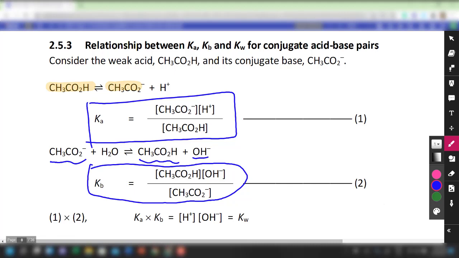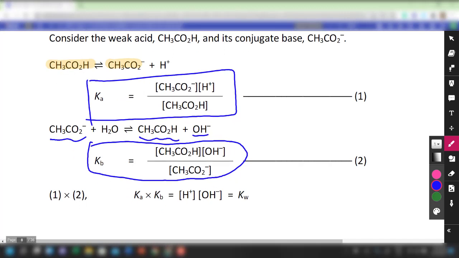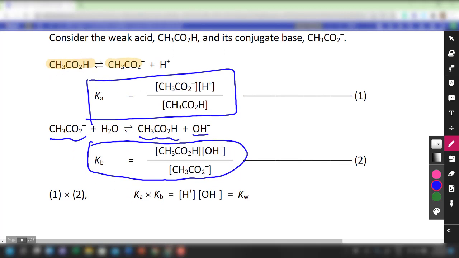So what we're going to do here is attempt to combine the two equations. We are multiplying Ka and Kb together, and you notice that when you multiply the two together, the numerator here, which is the ethanoate, will cancel out the denominator here, and the denominator, which is ethanoic acid, will cancel out the numerator for Kb.